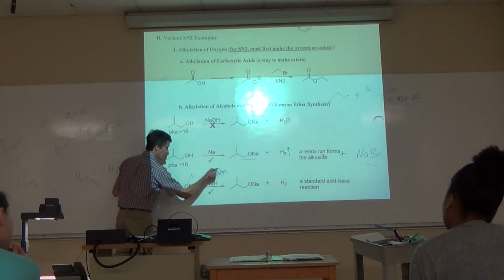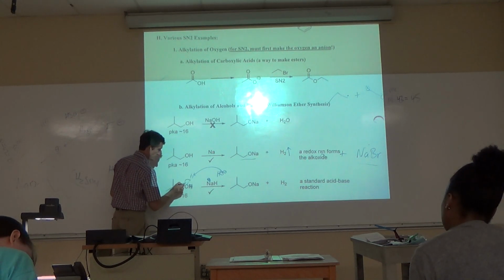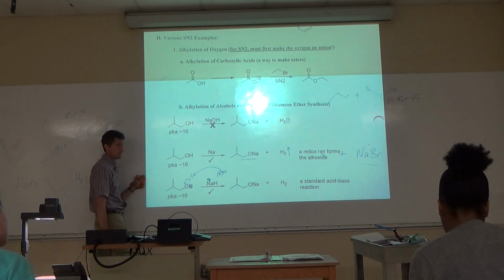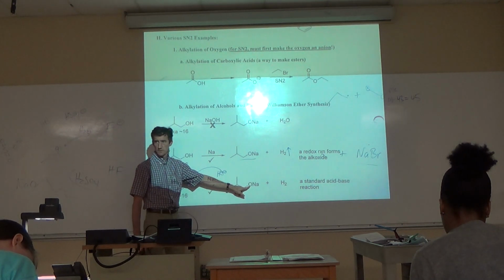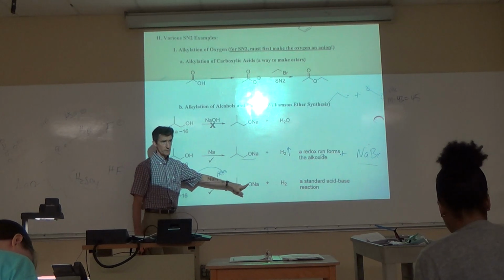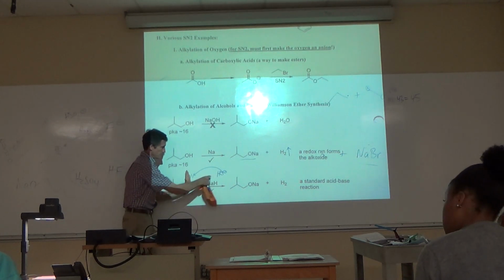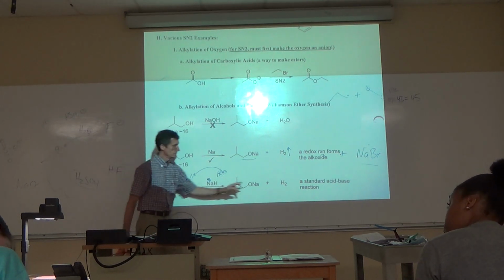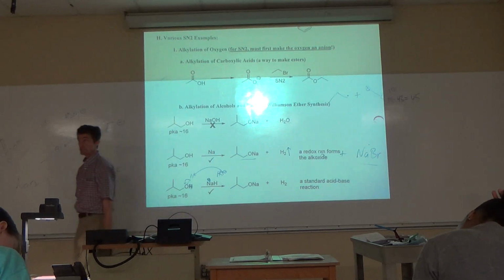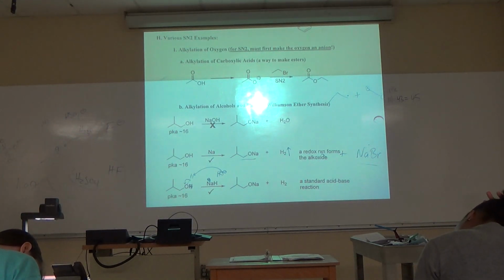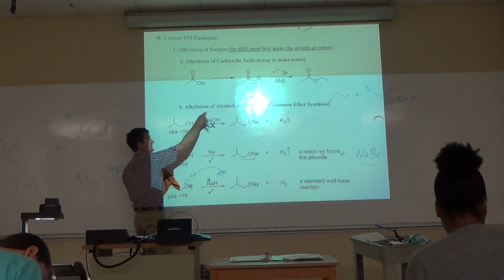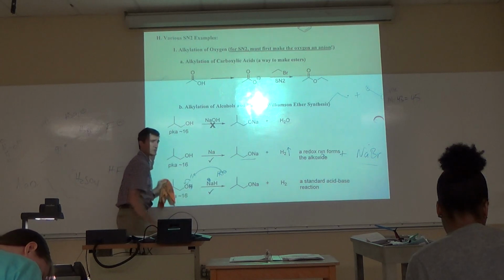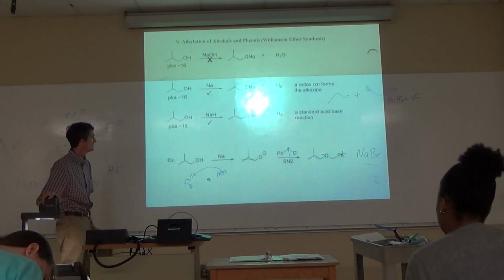If these electrons bond to the H, these stay behind, what do you get? Doesn't this give the O-, with sodium sitting with it? So what did we make here? This also produces hydrogen, but this is a traditional acid-base reaction. So, you can't use hydroxide here, but you can generate the alkoxide these other ways.